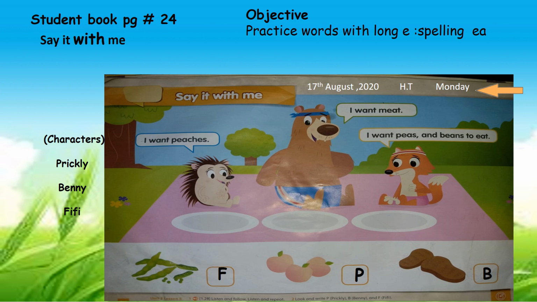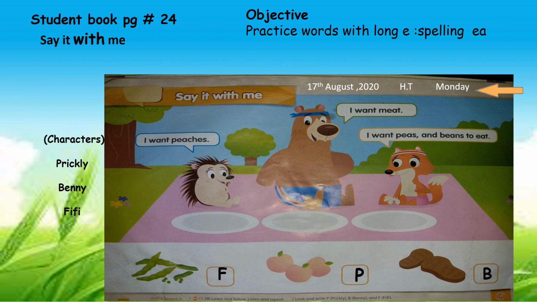And who wants to eat peaches? Yes, Prickly wants to eat peaches. Now look at the picture of meat. Who wants to eat meat? Yes, Benny wants to eat meat.